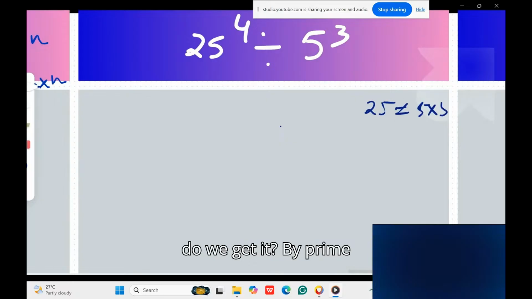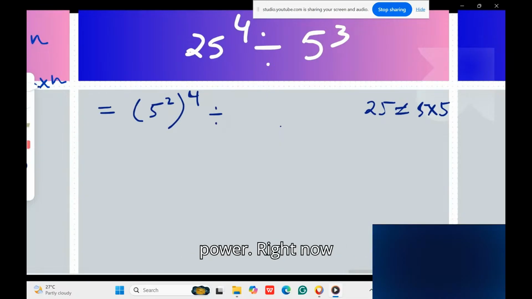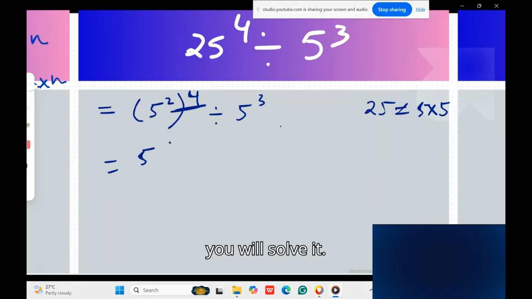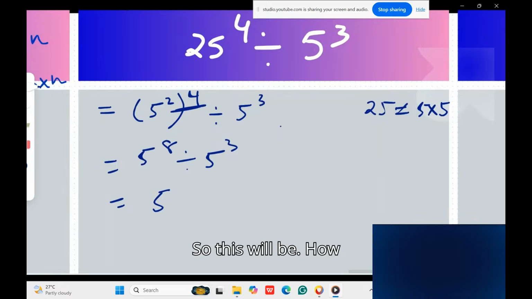By prime factorization. So this we can write as 5 raised to the power 2, and 4 is the overall power, right? Now here we got power of a power, so you will solve it. So this will be how much? 8 minus 5, 8 minus 3 I mean. So it is 5.